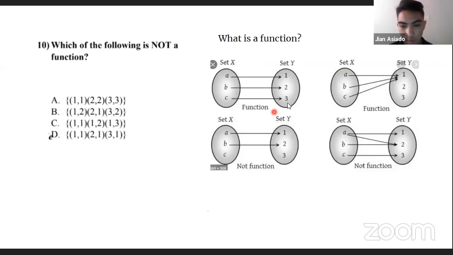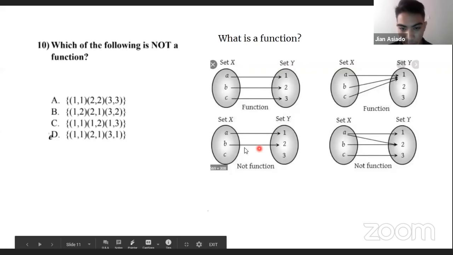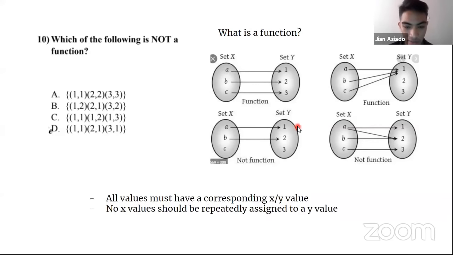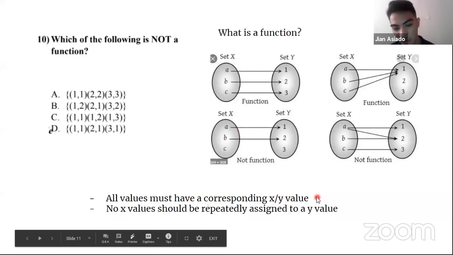So this one, not a function. Ito, hindi siya function kasi walang correspondence yung C with number 3 or any of the Y elements. So ito naman si X, di rin siya function kasi si A nagdoble. Okay. So this one, all values must have a corresponding X and Y value, no?